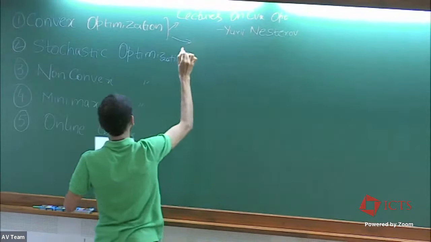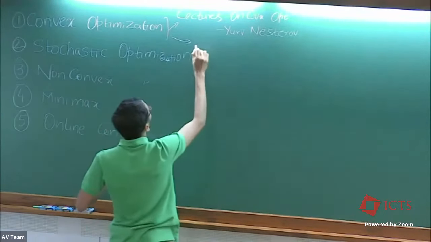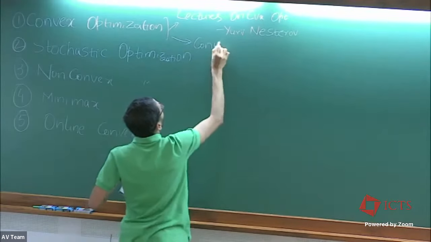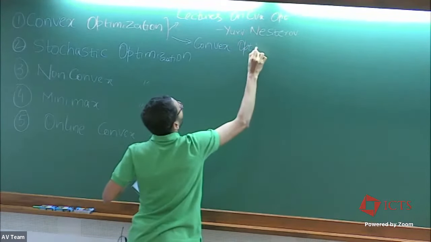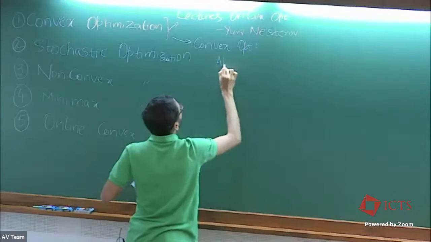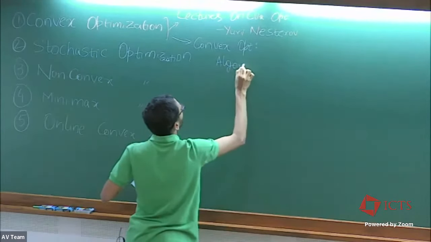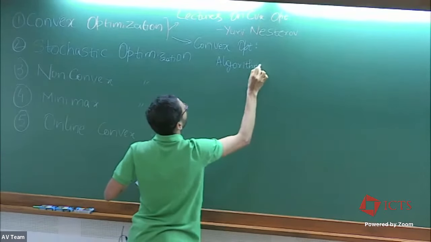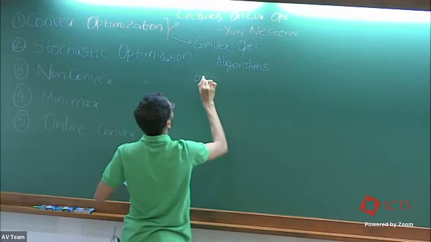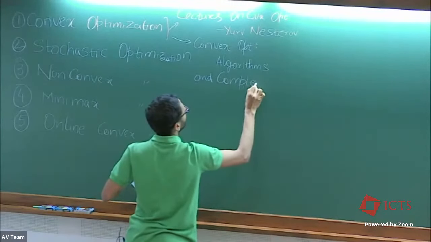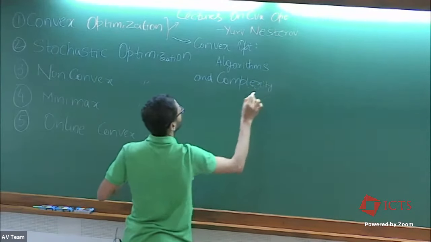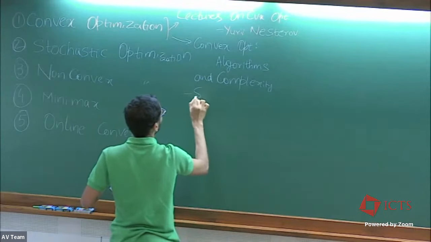And another one is Convex Optimization: Algorithms and Complexity, by Sébastien Bubeck.